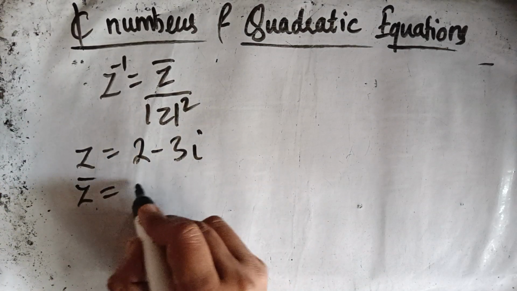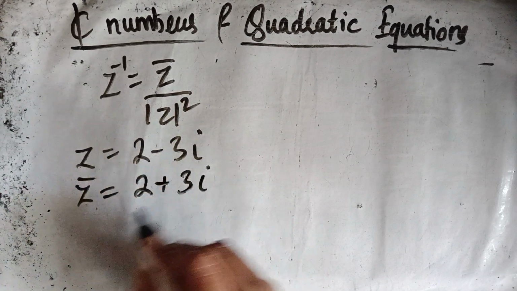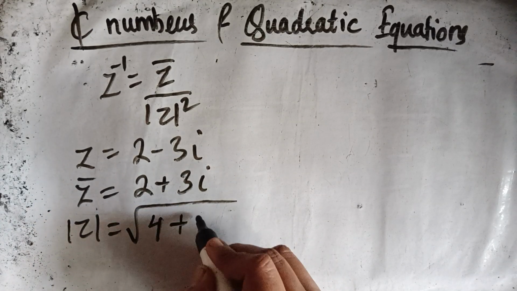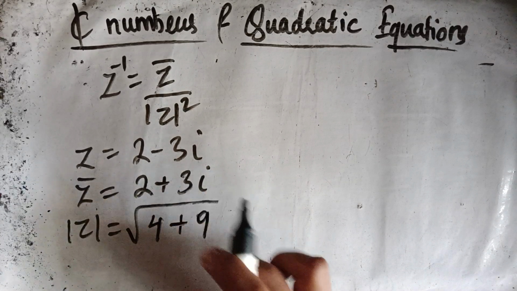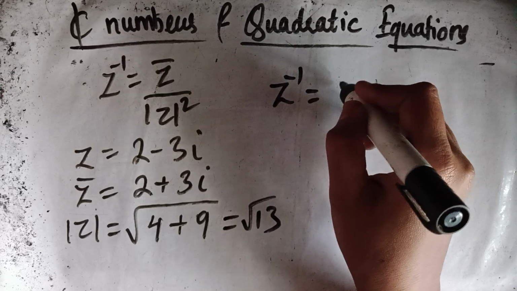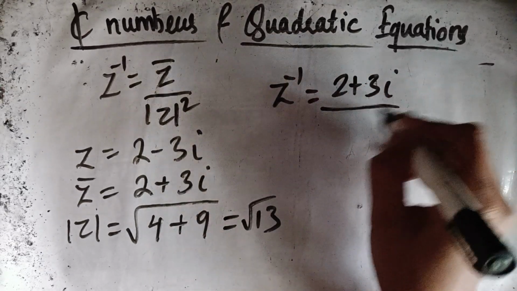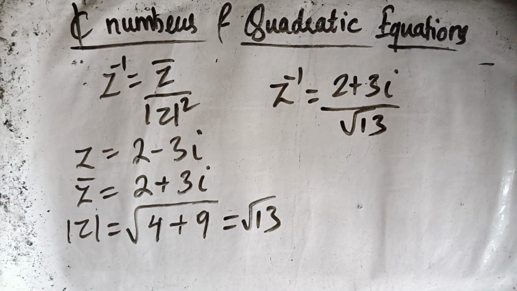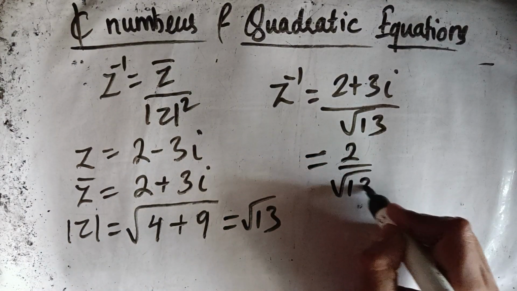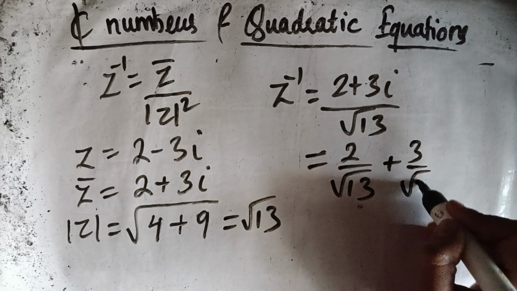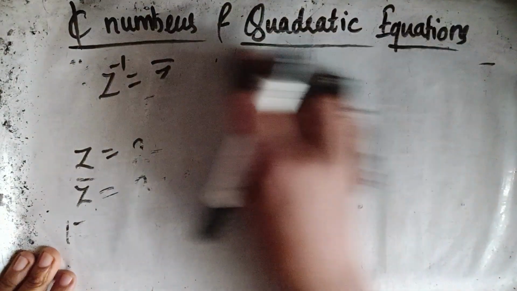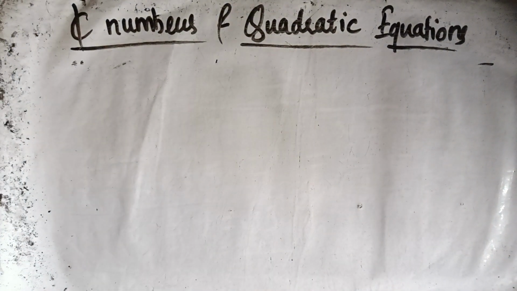Its conjugate is 2 plus 3i, correct? And modulus square is 2 square 4 plus 9, 13. So inverse is 2 plus 3i upon 13, which can be written as 2 upon 13 plus 3 upon 13 i. Okay, this is by using the property.